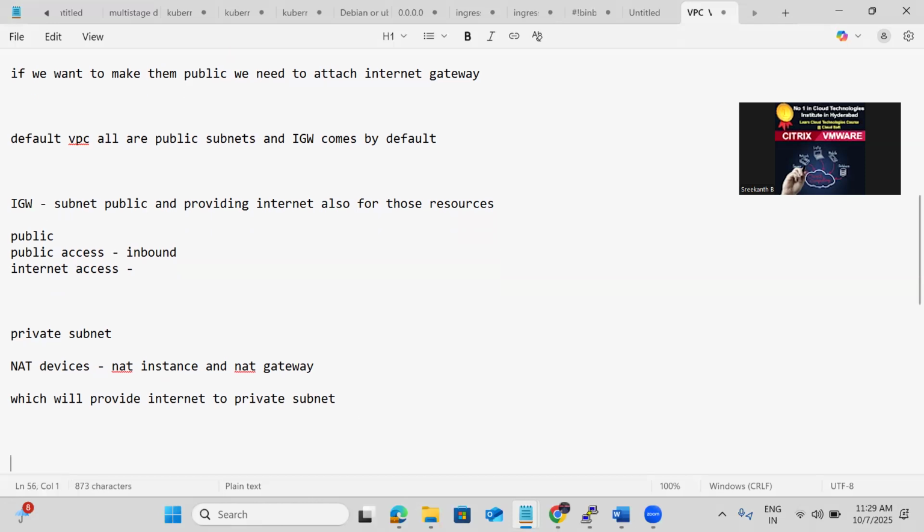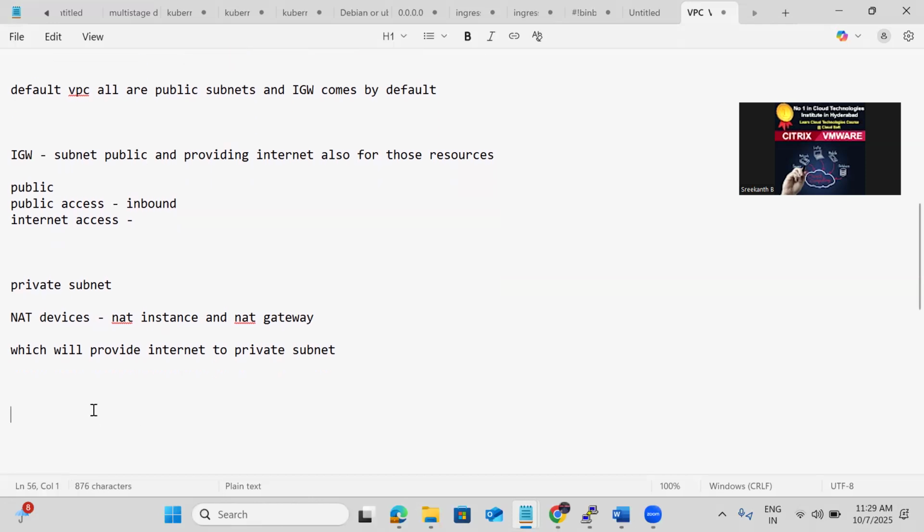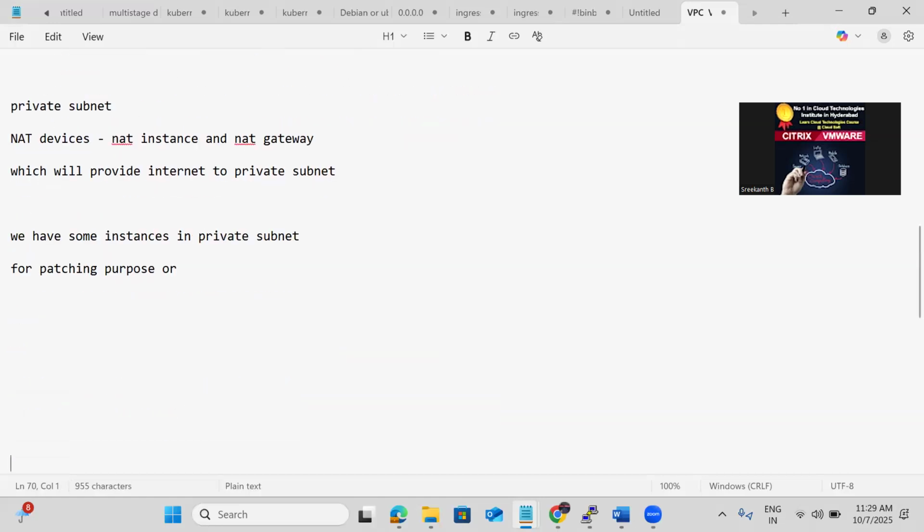Okay, so what is the use case of NAT devices? Assume we have some instances in a private subnet, for patching purposes or to access some APIs, they want the internet.